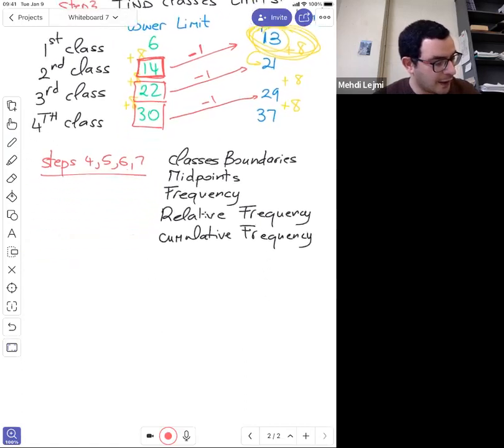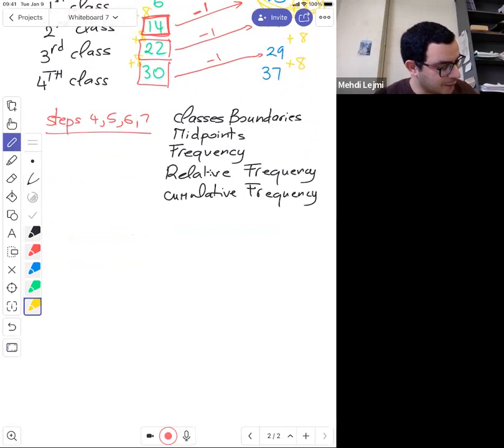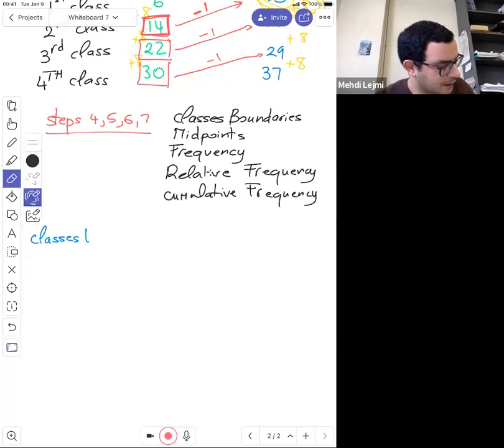All right, guys. So I'm gonna make my frequency table. I'm gonna try to explain the formulas very quickly. Okay, so here's my class limits. I need more space, so I'm gonna just write it down here.